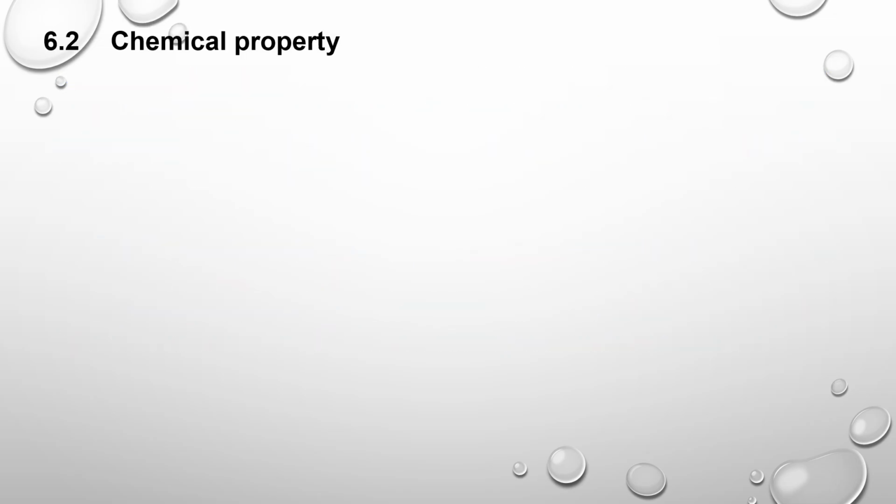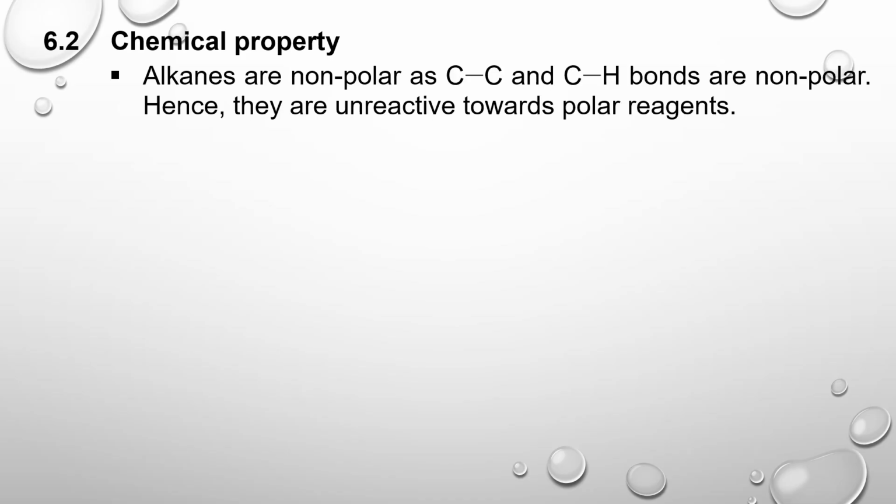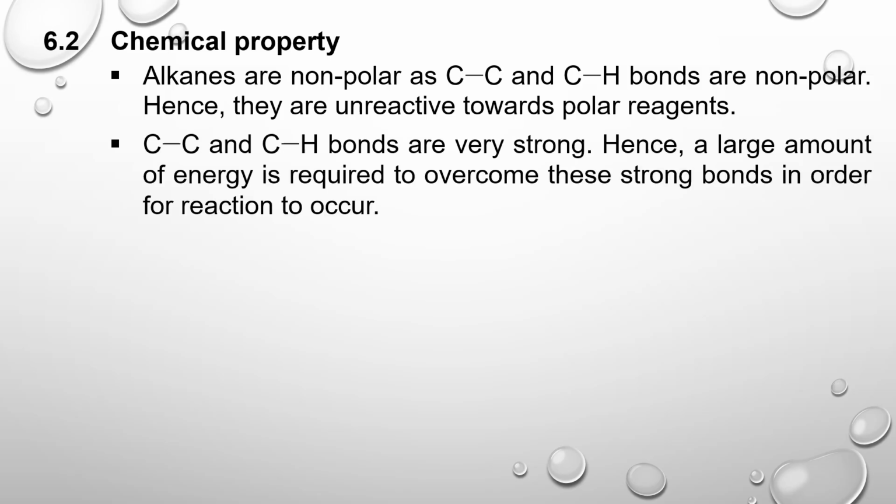Next, let's look at the chemical properties of alkanes. So alkanes are non-polar because they only have the C and the H bond. The C and H bond are non-polar, so they are unreactive towards polar reagents or polar solvents. One thing to note also is that the C-C bond and the C-H bond are very strong.